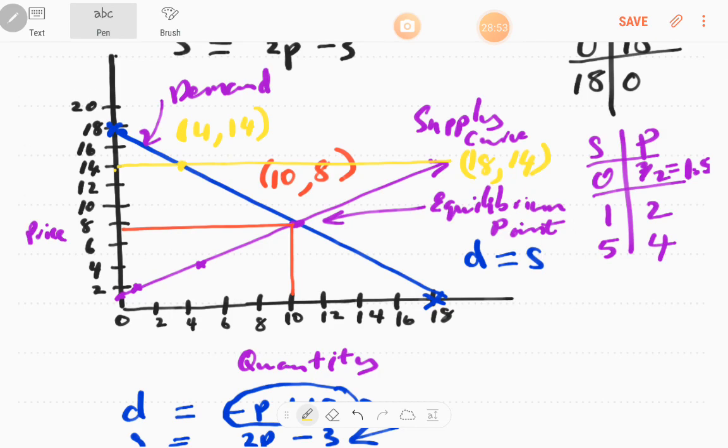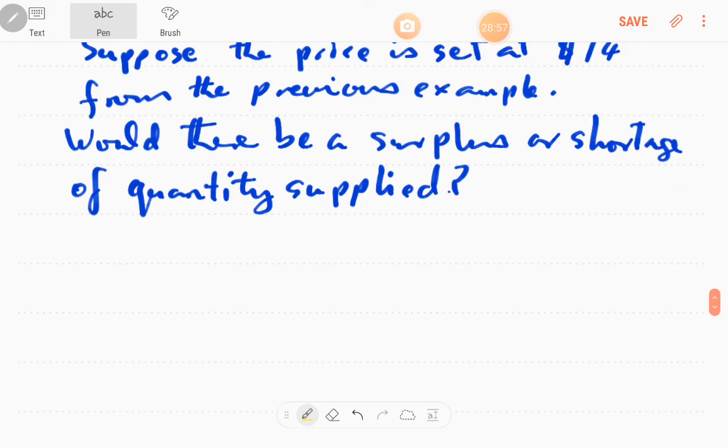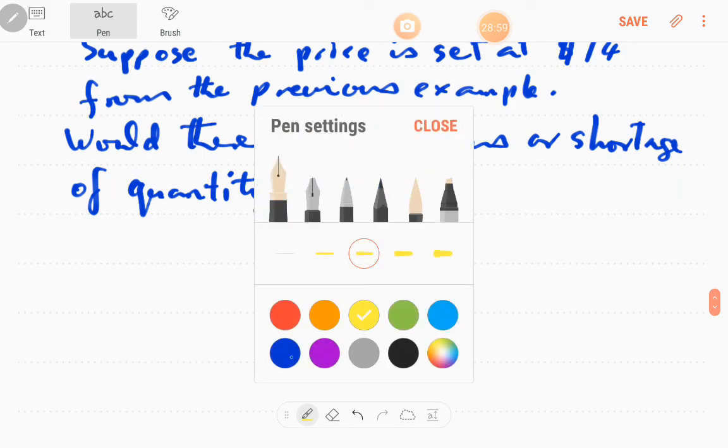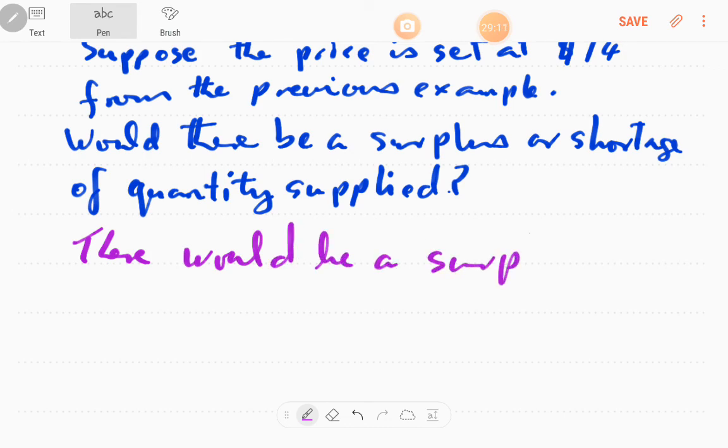To answer this question, we'll just say that there would be a surplus, because the demand would be low and the supply would be high.